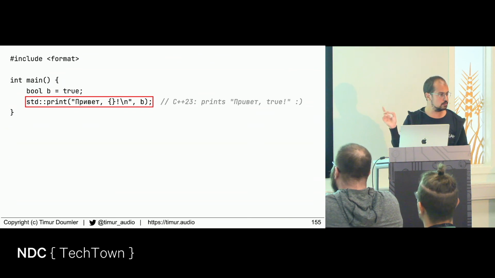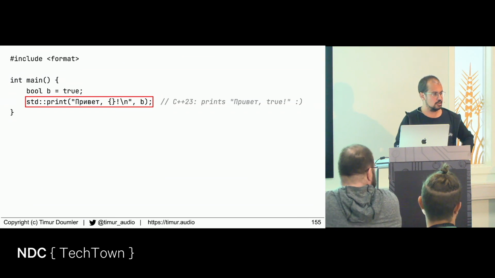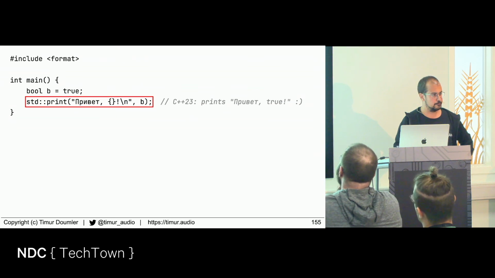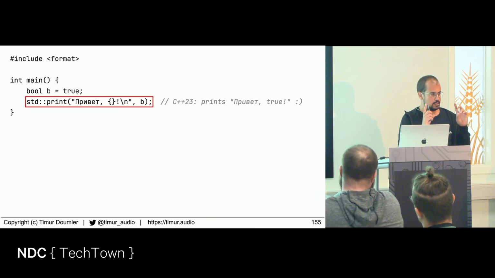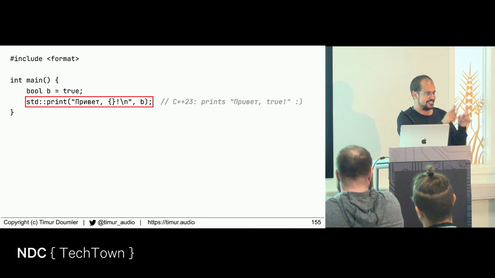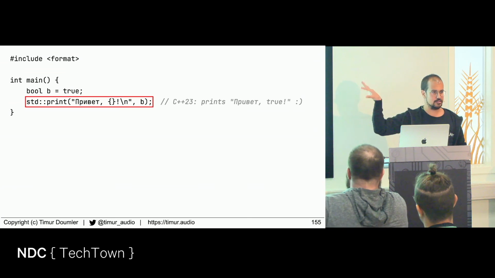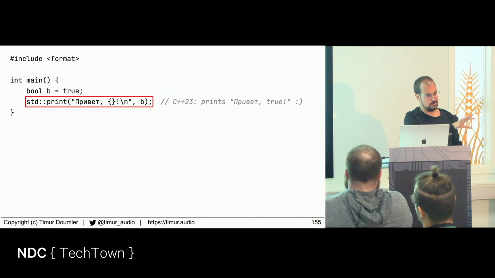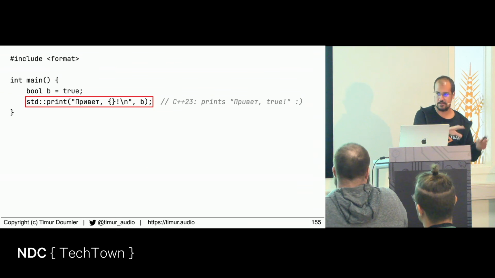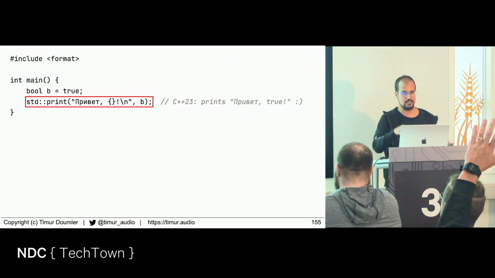Does format work with locales? Yeah. You can actually select it as an option. And there's actually been a paper about it. That's super interesting. Let's talk about this later. I want to know more about this so I can include it in a future version of this talk, because I don't quite know how this works. You were talking about locales over here, so let's talk about this later.